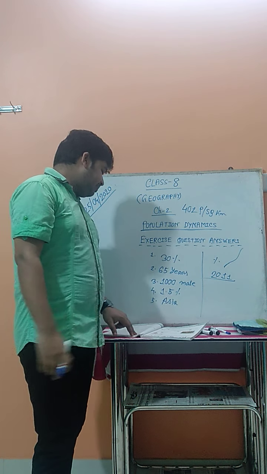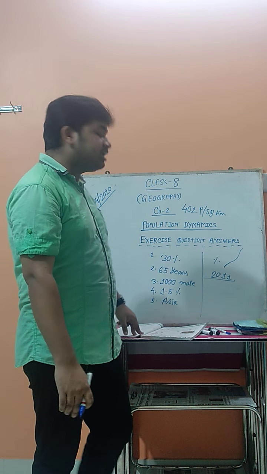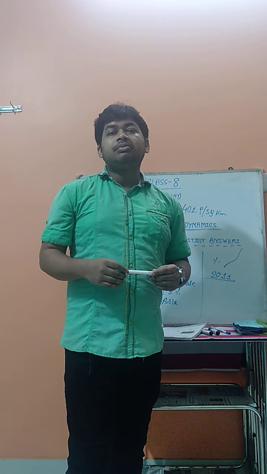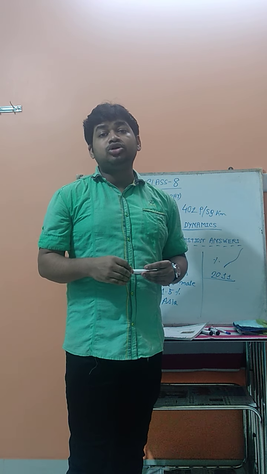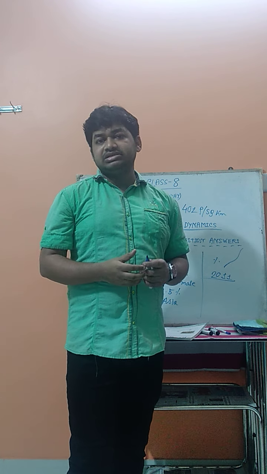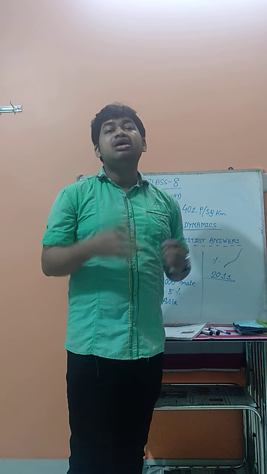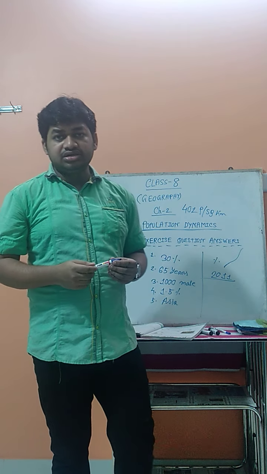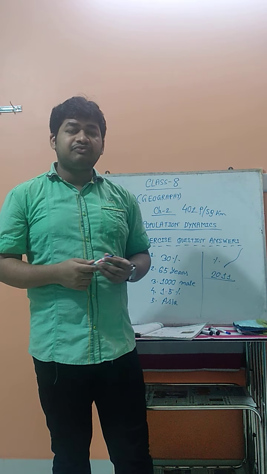Now the last is the dependent and the productive population. What is the dependent population? Those age group people who are not able to do work and have to depend on the working-age people are known as the dependent population, like those aged 0 to 15 years or above 65 years old.